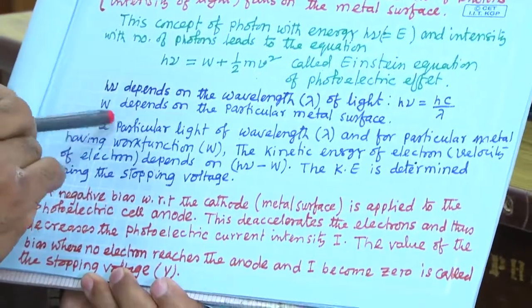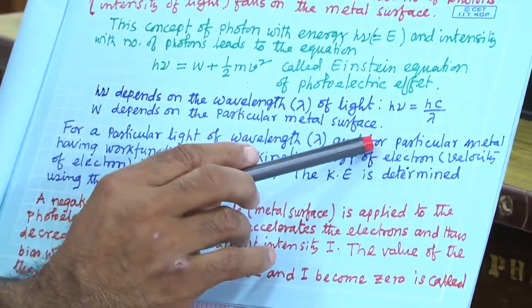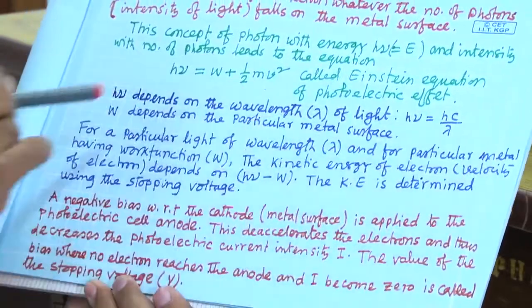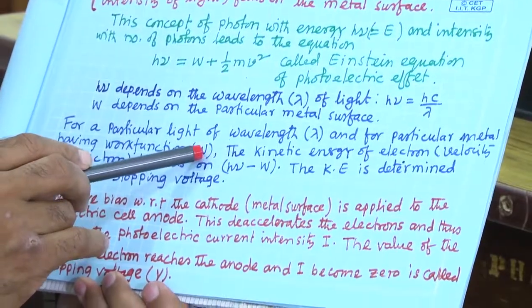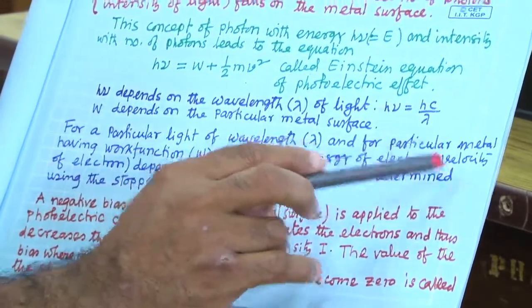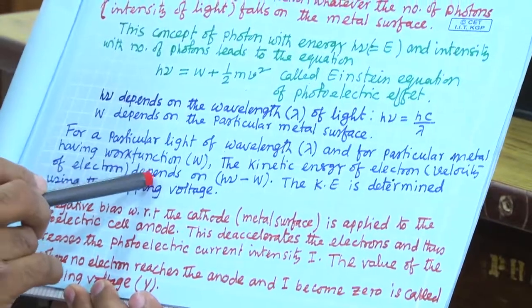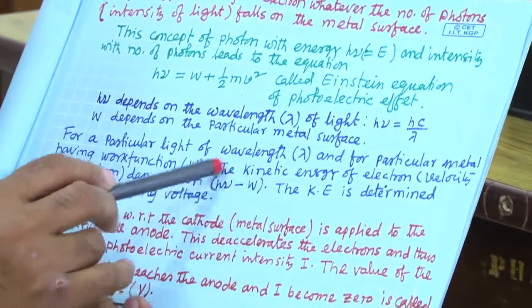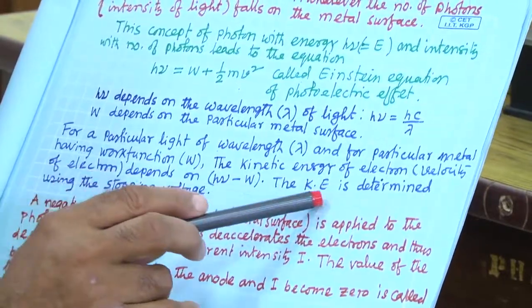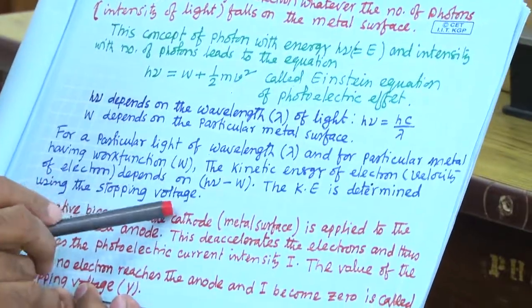So for a particular light of wavelength lambda and a particular metal having work function W, the kinetic energy of the electron, or its velocity, will depend on h nu minus W. The kinetic energy is determined using the stopping voltage.